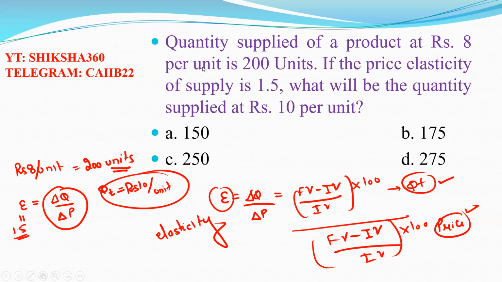So let's discuss. Here we have 200 units at rupees 8, and the price elasticity is 1.5.